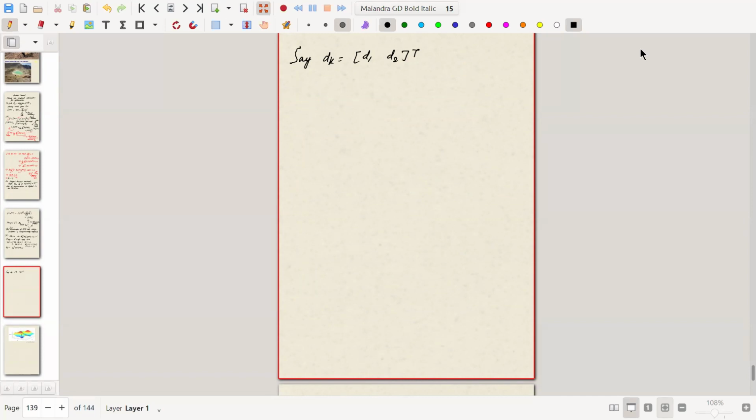Fine with this? Now, can you substitute this value? Can you find dk transpose grad f at xk? That means d1 d2 times grad f. Grad f is minus 6, 6. So what should we get? Minus 6d1 plus 6d2, isn't it? Good so far?